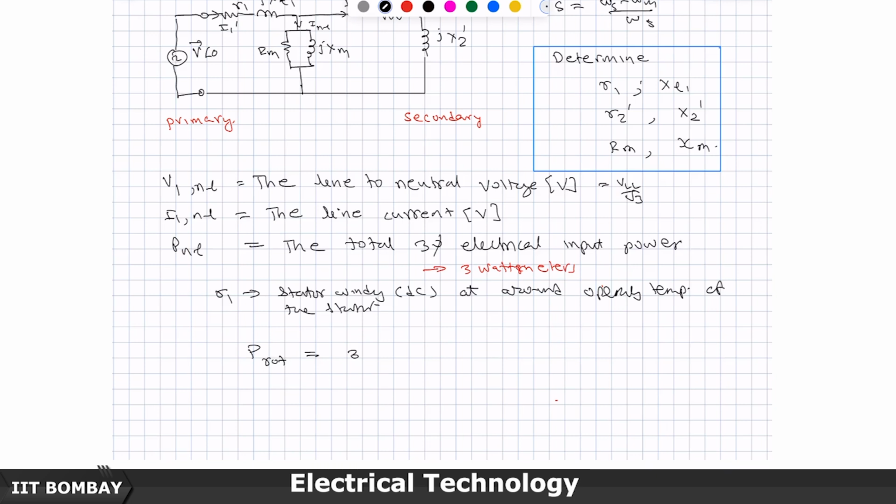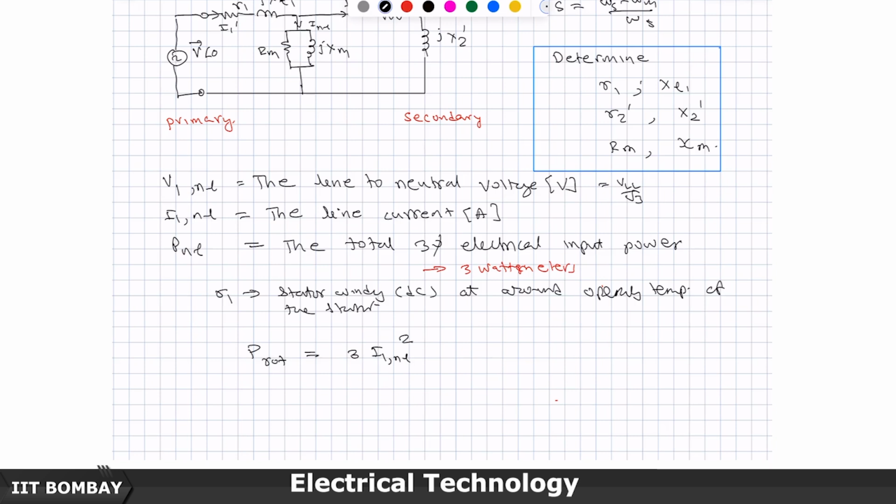One is 3 times I1NL, the line current, in amperes. This is magnitude basically.